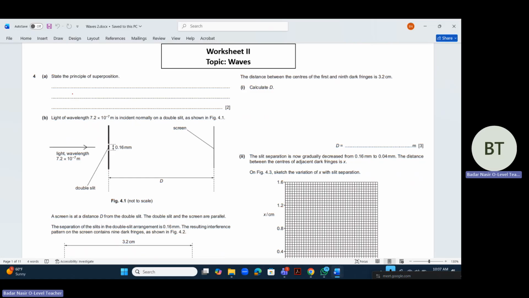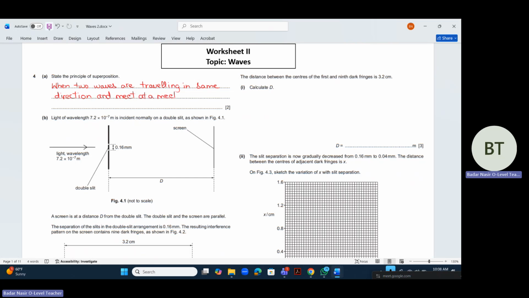Okay, so when two waves are traveling in the same direction and meet at a point.